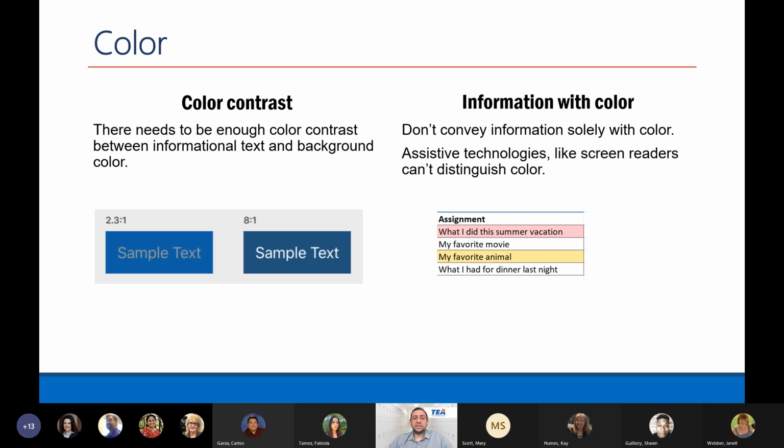So if you have a list and you shade the first row red because that means this, and another one yellow because it means that, it's not going to be really accessible. You have to add a label, some more information to know what that color is. And if a colorblind person has issues with those colors, when they see that extra information, they'll be able to comprehend what the shade or that line is for.